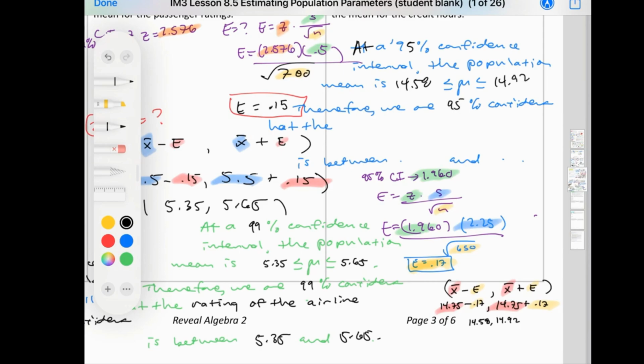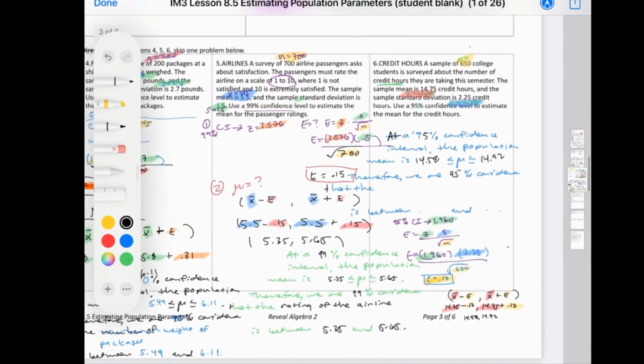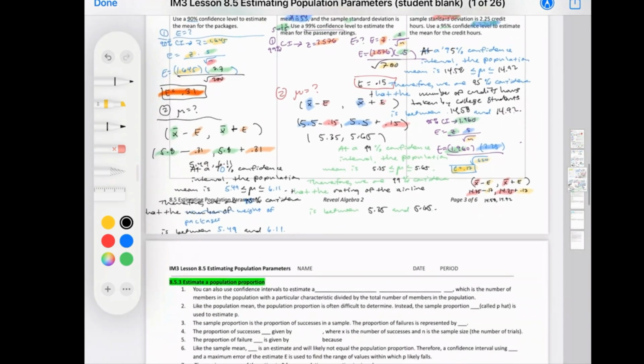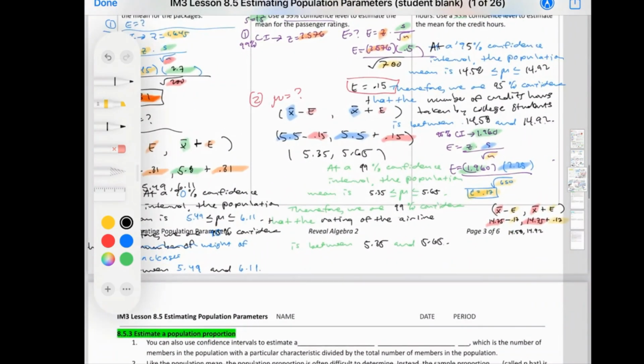Therefore, we are 95% confident that the number of credit hours taken by college students is between 14.58 and 14.92. Okay, so that was 8.52.